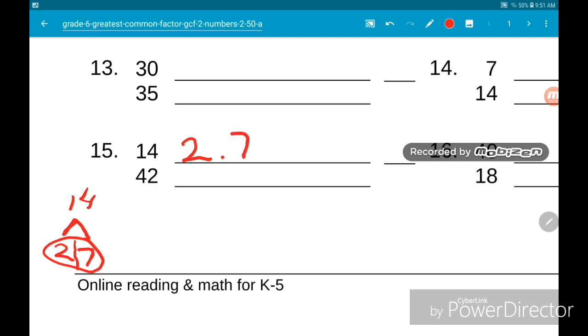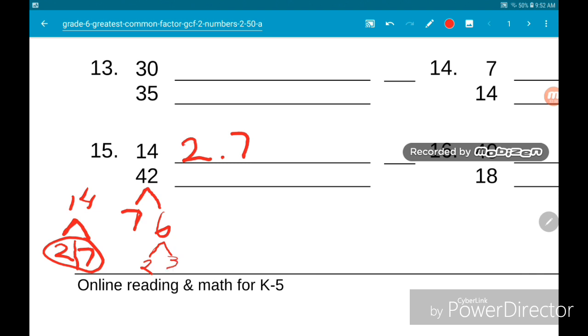Okay. 42. Help him out. Raise your hand. Tell me your factors of 42. 7 and 6. Take the 42, put two arrows. Can we break down 6? 2 and 3. And 7 is prime.